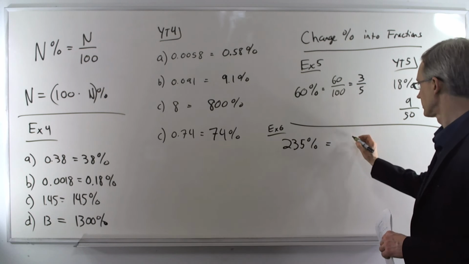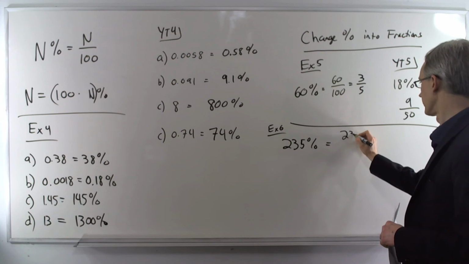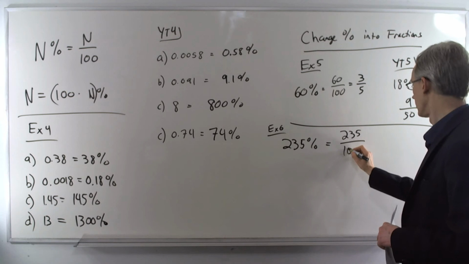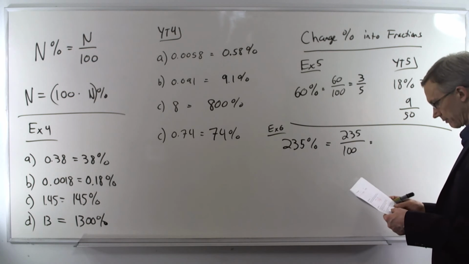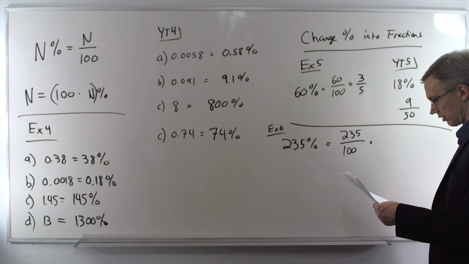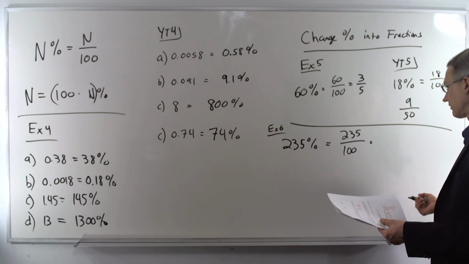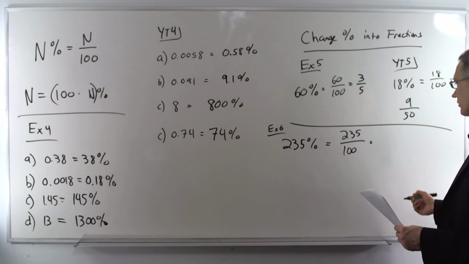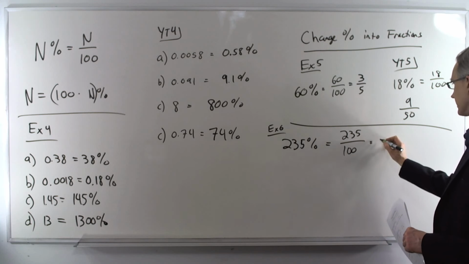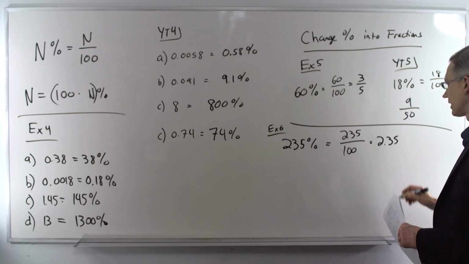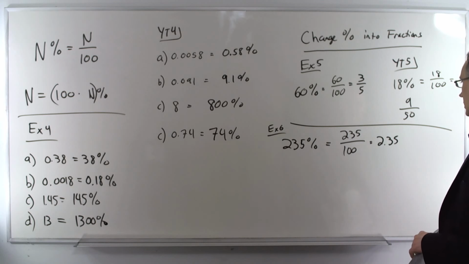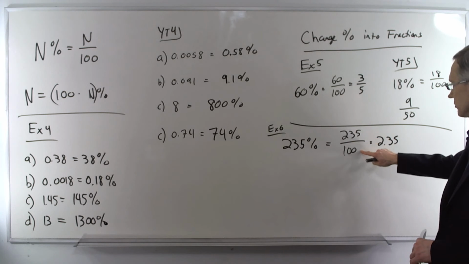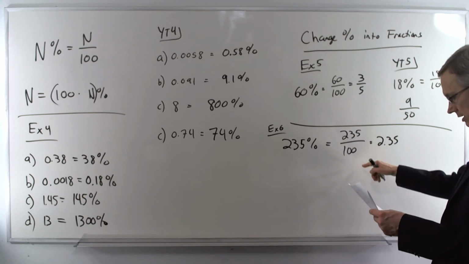Alright, 235% written as a fraction, that's 235 over 100. Now this fraction can be reduced, and it can also be converted to a decimal. So we can get any form out of this. If we want to convert to a decimal, divide this out, we get 2.35. You can always do that. We can also use a calculator to reduce this.